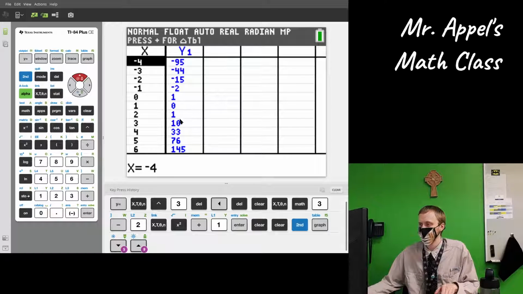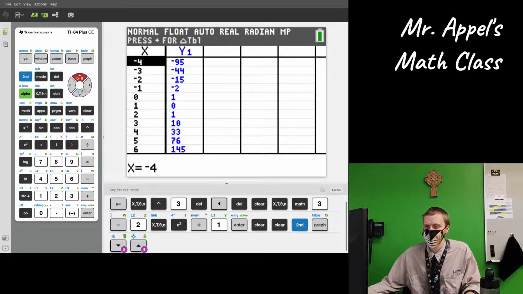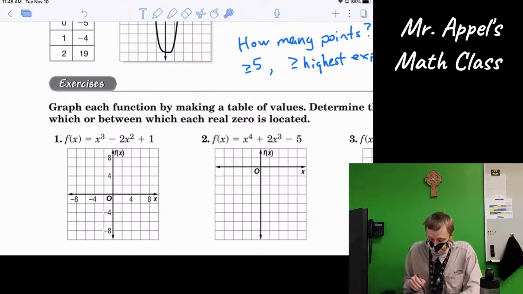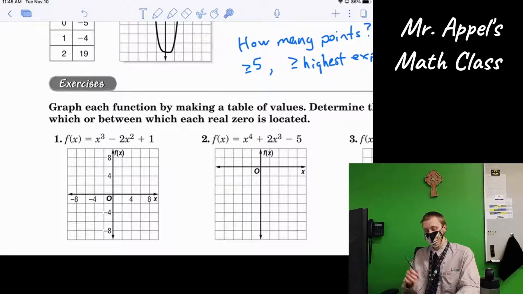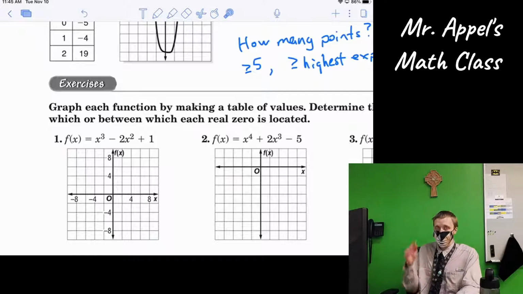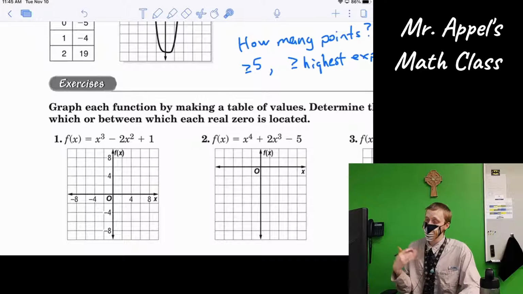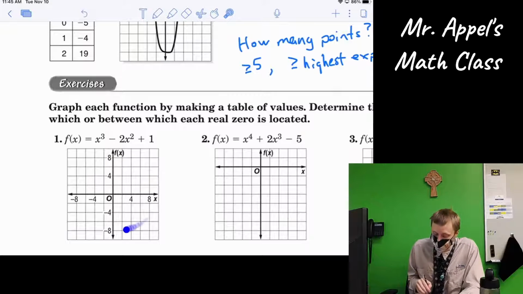If I go back to our view here, they're providing some pre-made axes for you. Again, you don't have to graph on this. You can graph it in your notebook, but do take advantage of the information they are secretly providing you with, the pre-made axes.